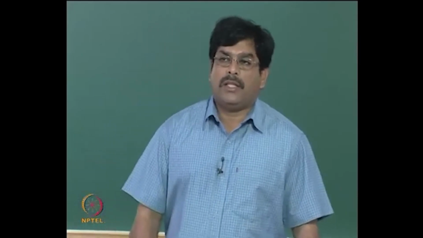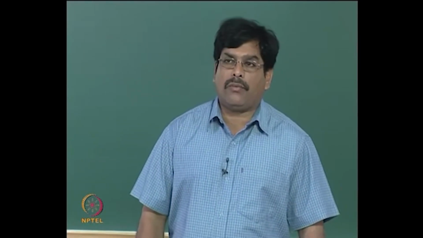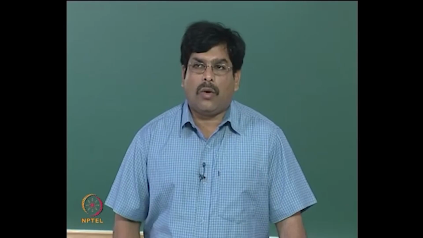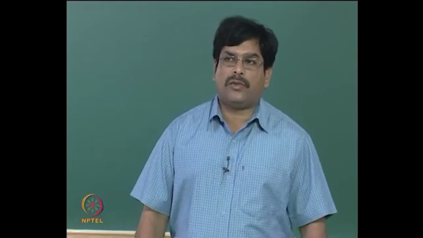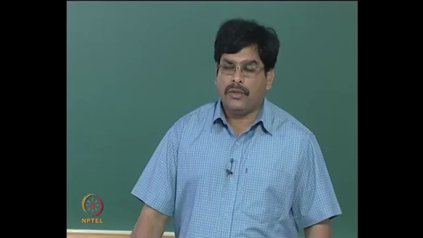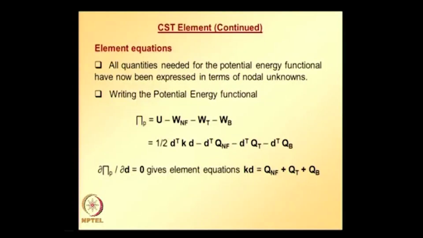Qnf is the vector consisting of concentrated forces, Qt is the equivalent nodal load vector due to tractions, and Qb is the equivalent nodal vector due to distributed forces. Solving this, we get nodal unknowns or nodal displacements. Once we have nodal displacements, we can easily calculate strains, and from there stresses, and do all kinds of post processing.